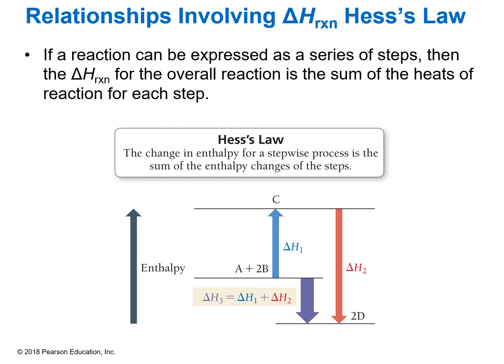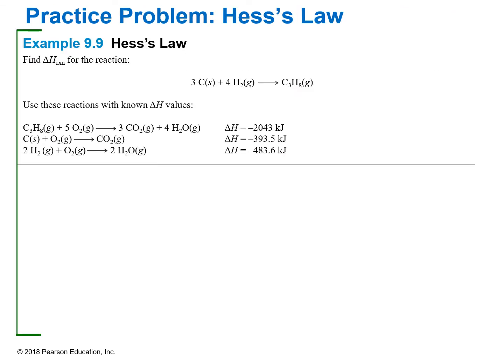So let's actually put this to work so you understand what I'm talking about. Let's put Hess's law to work, and we're going to do it with this equation right here. We are being asked to find the delta H for this reaction where we take carbon and hydrogen and create propane. Now you can't set carbon and hydrogen in a room together and hope that they form propane. You actually have to go through a little bit of a process.